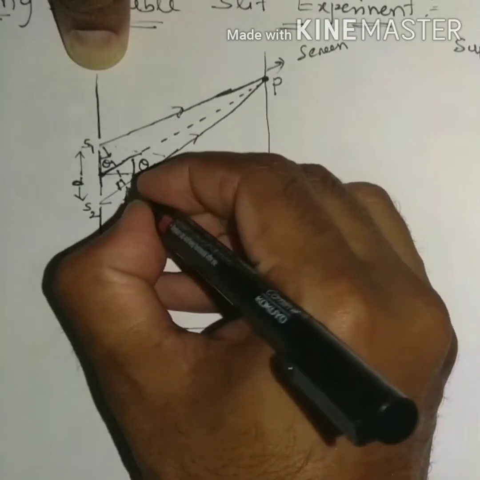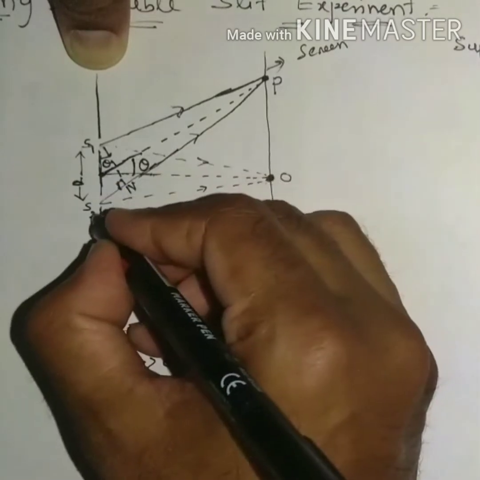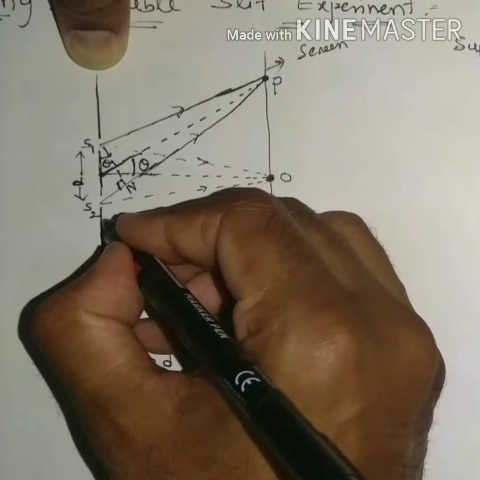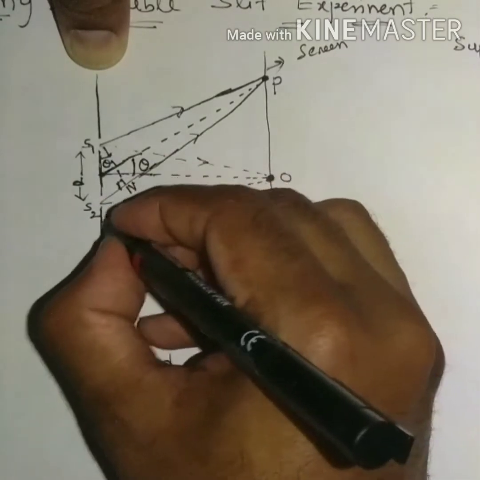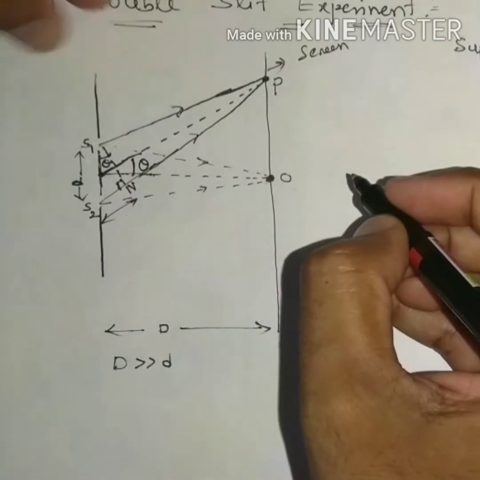If you call this point n, then S2 to n is the path difference.